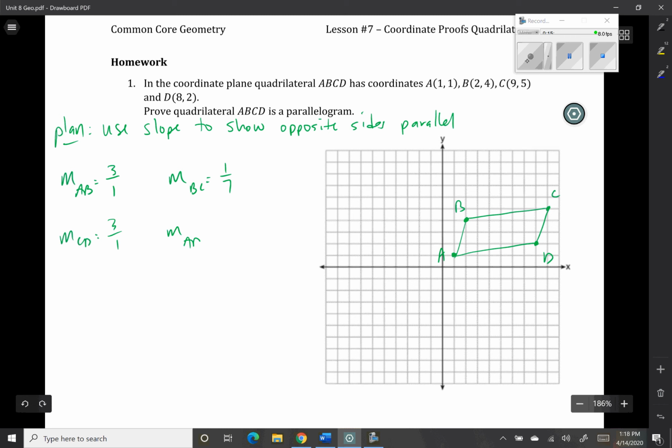And the slope of AD was also 1 over 7. So I notice the opposite sides have the same slope, therefore they're parallel. So I could say, therefore, ABCD is a parallelogram because AB is parallel to CD and BC is parallel to AD.